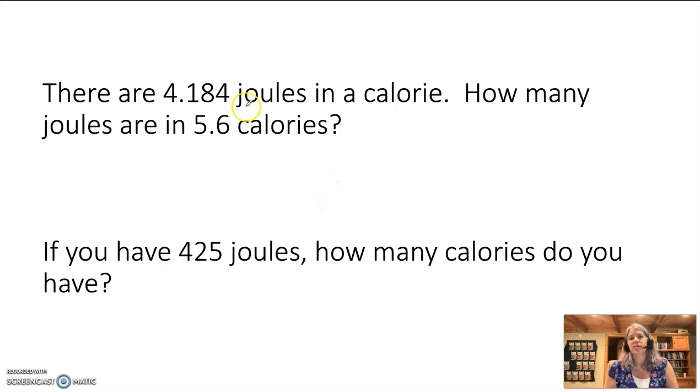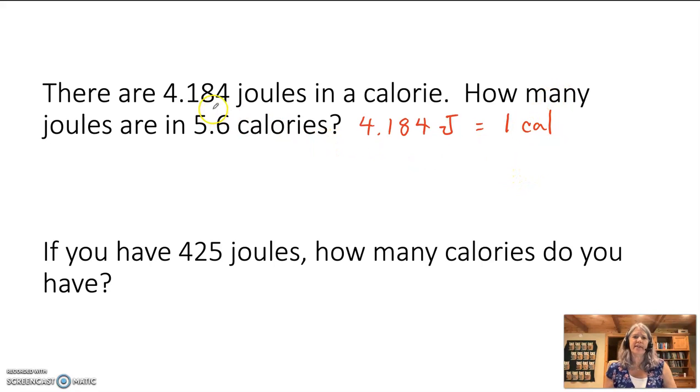So thinking and talking through the process, we first write the conversion factor, 4.184 joules, we use a capital J for that, equals 1 calorie. And we'll just abbreviate that CAL. Okay, so again, what are we given?